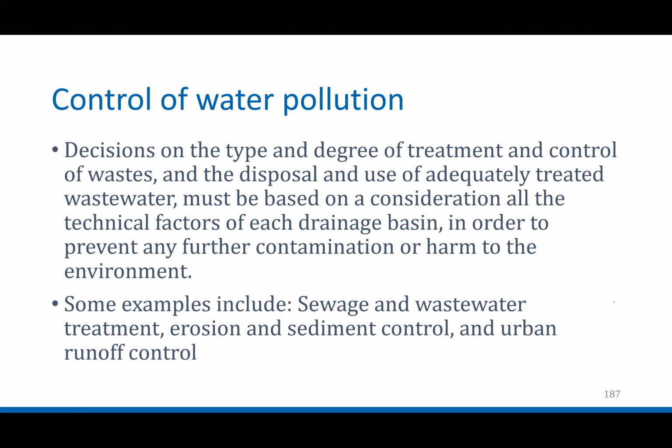I mean, there's so many factors on the water supply. What is it used for? What type of water is it? There's so many different types of factors, but the idea is you want to protect the environment, prevent any further contamination.